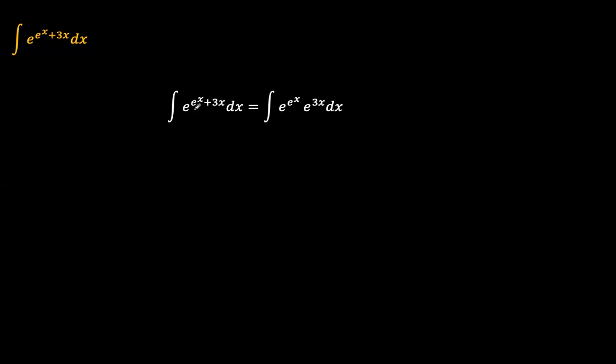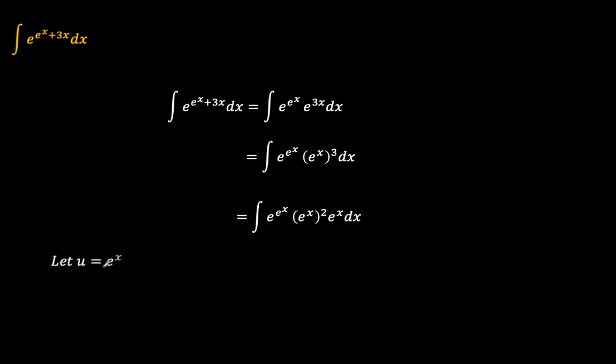So here, e to the power x plus 3x is the same as e to the power x times e to the power 3x. And then e to the power 3x is the same as e to the power x to the power 3. We could distribute e to the power 3x a little differently, so it's the same as e to the power x to the power 2 times e to the power x.